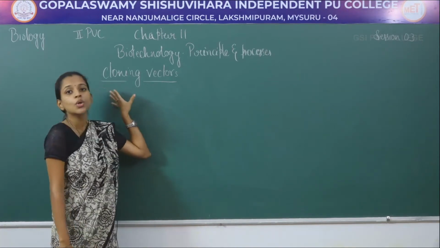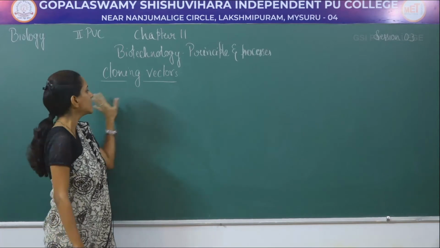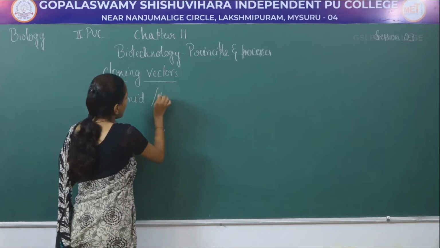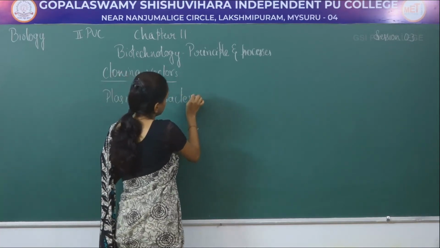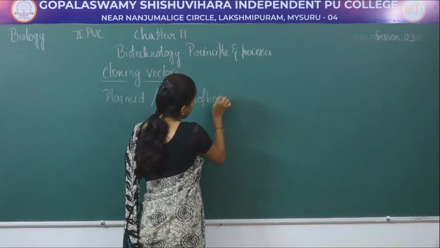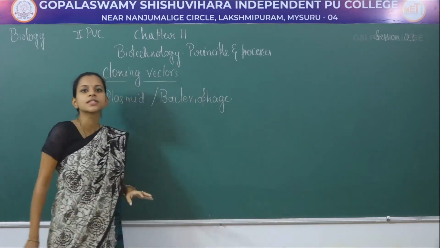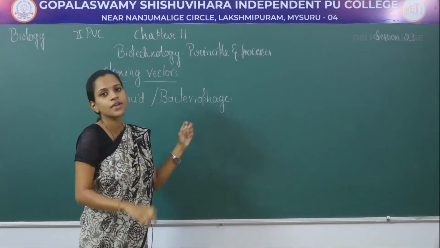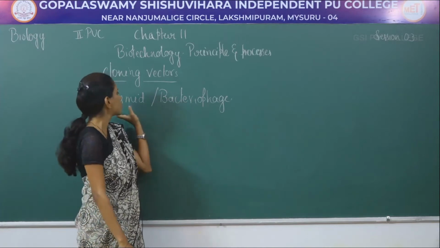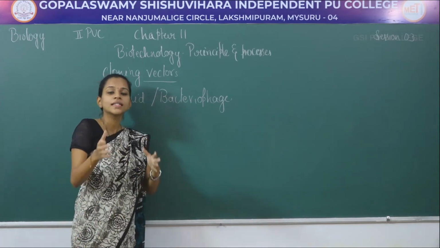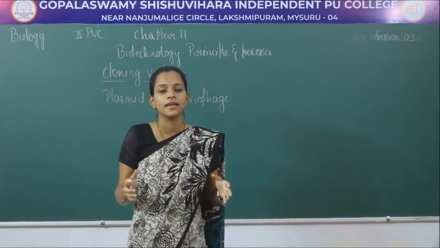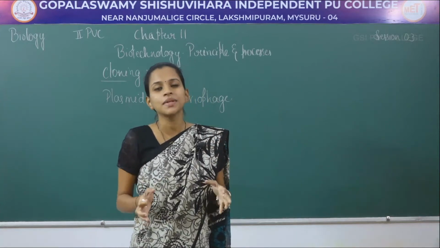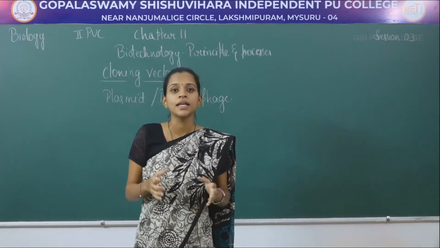Now when it comes to cloning vectors, most of the time it is a plasmid or a bacteriophage. A bacteriophage is a virus which affects the bacteria, but we are not using its effectiveness, instead we are using its replicating ability. So plasmids or bacteriophages, when inserted into the host, have the ability to replicate.